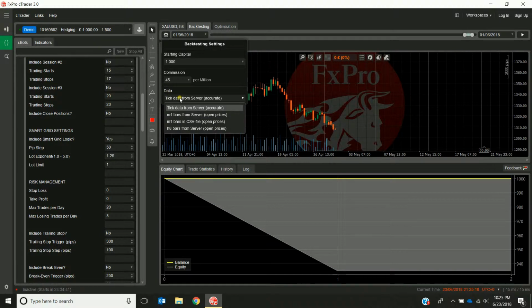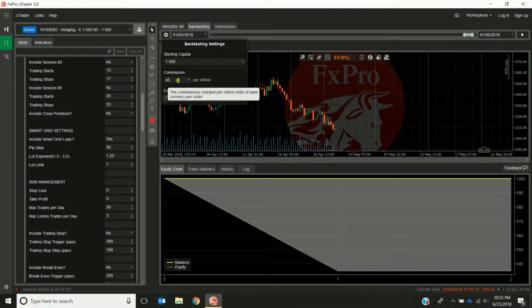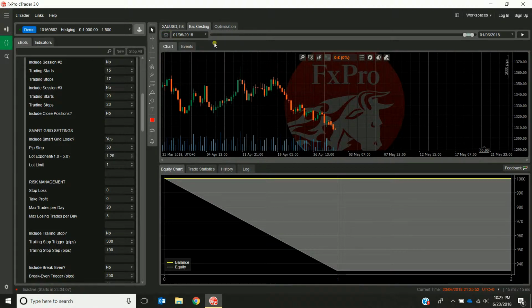One of these will probably be set incorrectly as default, but you will need to change this to tick data from server, as this is the most accurate data for backtesting. It actually does say accurate in the brackets there as well. So make sure that's selected, make sure 45 per million is selected for commission, and make sure you've set a reasonable starting balance in relation to your account. So that's those settings done.